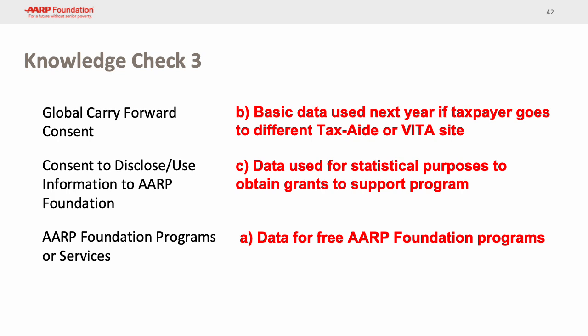That's basic data used next year if the taxpayer goes to a different Tax-Aide site. Consent to disclose or use information to AARP Foundation. That's data used for statistical purposes to obtain grants to support the program. And finally, the AARP Foundation programs and services. Remember, that's the charitable arm of AARP. That's data for free AARP Foundation programs that would be provided to the taxpayer if they request.